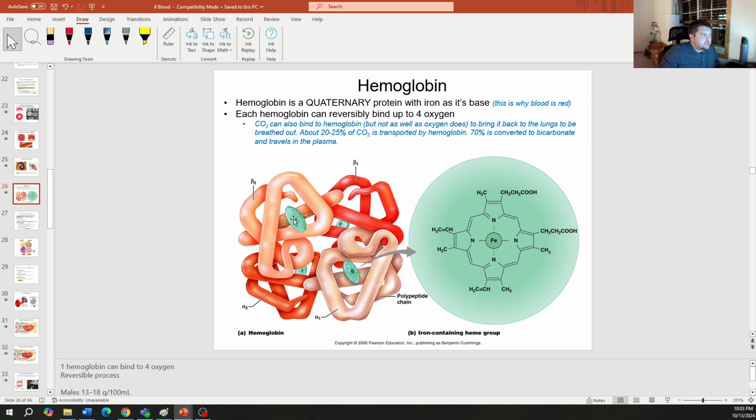And each of these has iron at its base. Because we have 4 parts of hemoglobin, each of these can bind 1 oxygen, so each individual hemoglobin can bind 4 molecules of oxygen.